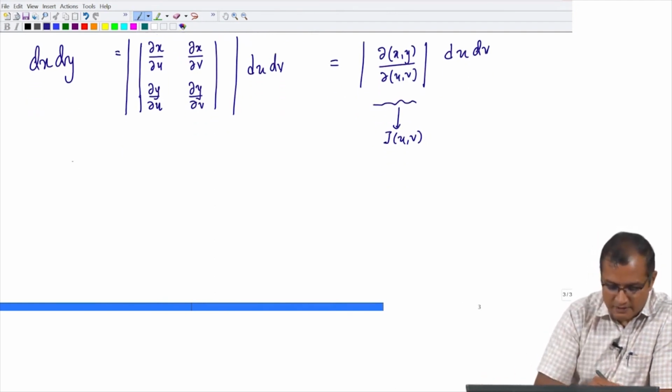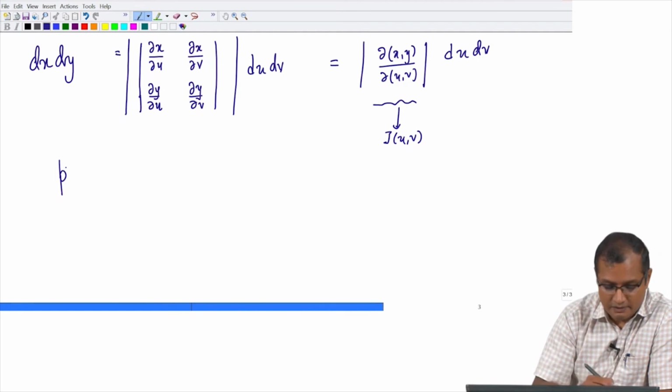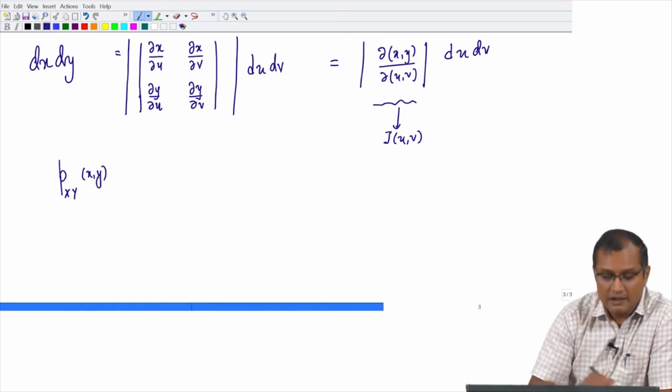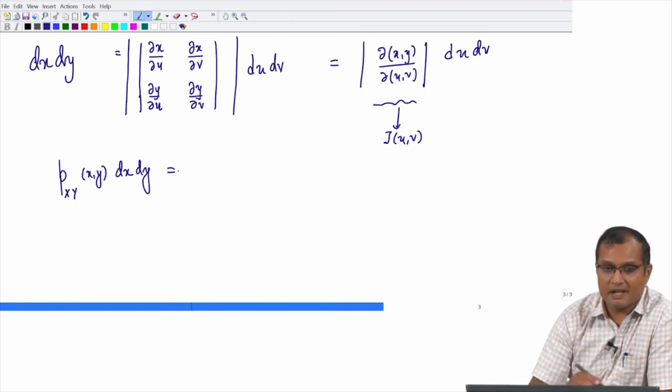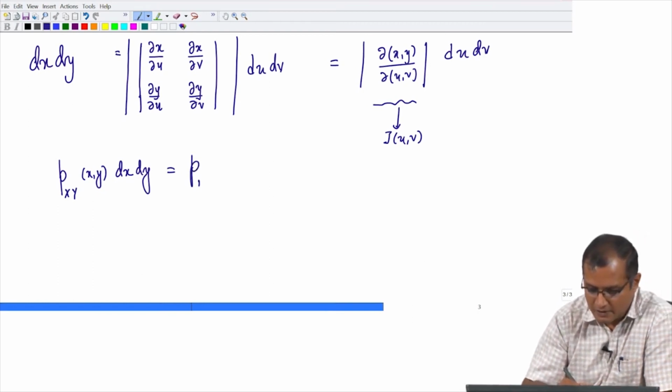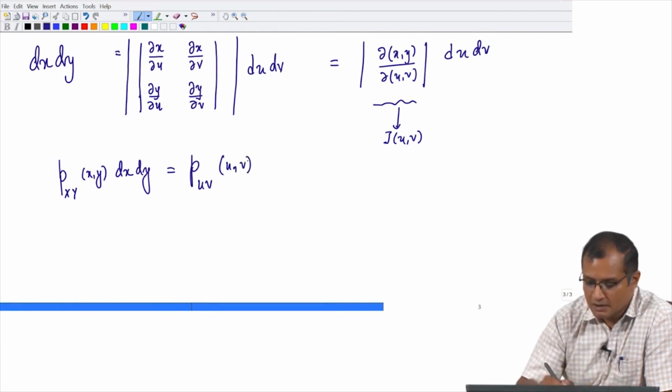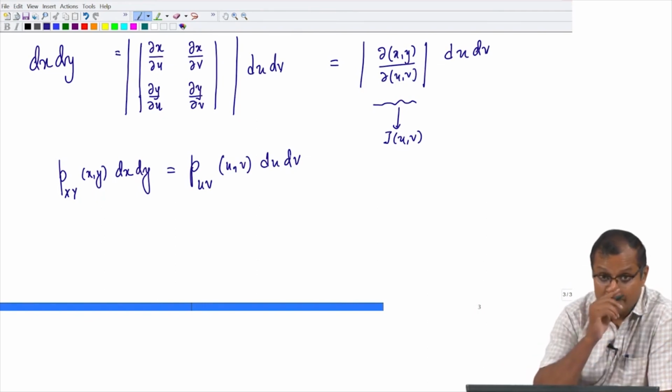So, now you can say that the probability density in the x y, which is a function of x comma y, times dx dy should be the same as the probability density in the uv plane for the variables u comma v into du dv. Okay.